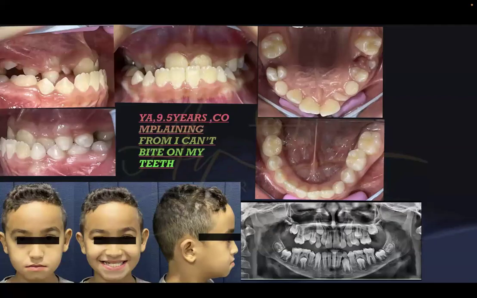Mainly for the posterior crossbite, how much to activate the hyrax is assessed by the measurement taken from the buccal cusp to buccal cusp of the upper and lower posterior teeth, that is, the difference between the upper mesiobuccal cusp tip of the maxillary teeth and the buccal groove of the lower mandibular teeth.